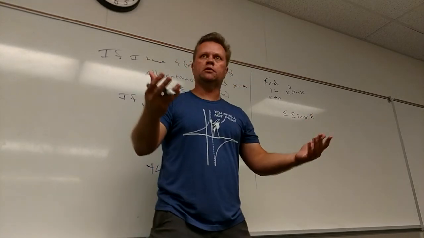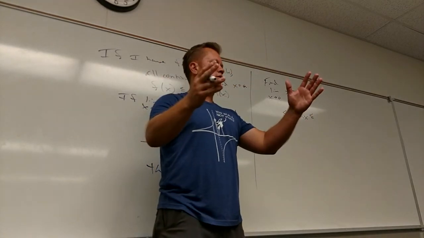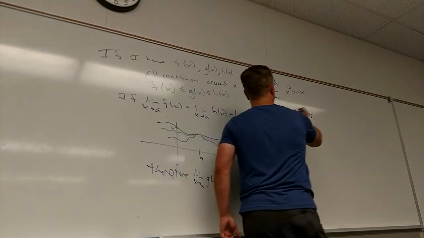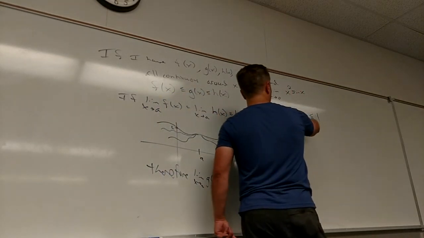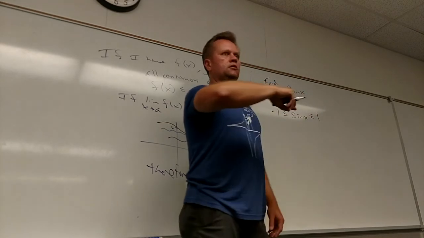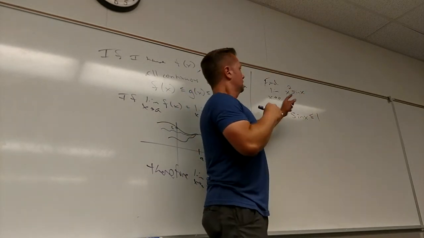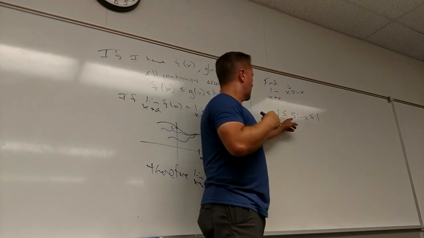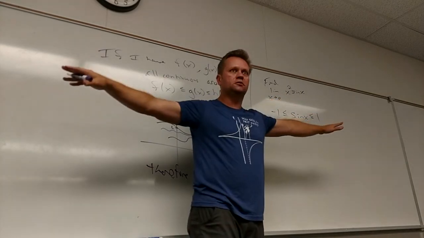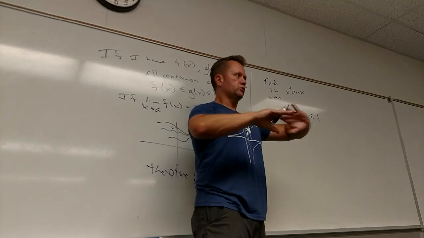Those are the natural boundaries of sine x. Is everybody cool with that? Is that the function I'm investigating? What function am I investigating? x squared sine of x. So how do I make that show up here?